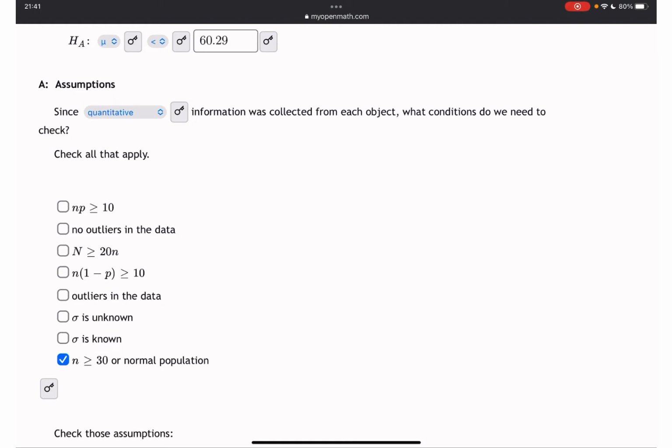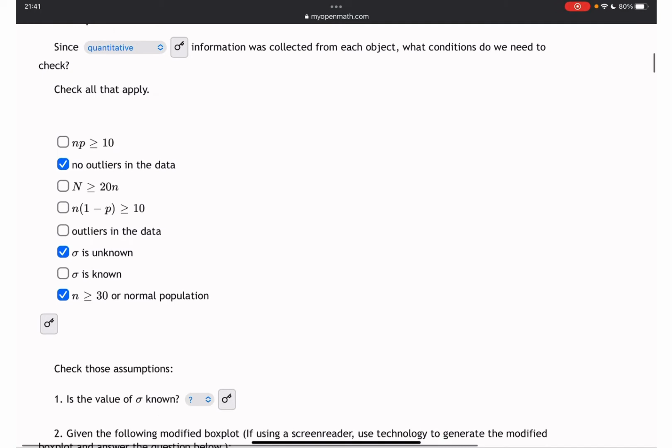And we also want to know that it's normally distributed, which means no outliers in the data. That also gives us a sign of a normal distribution, because if we have outliers, that means the data are skewed.